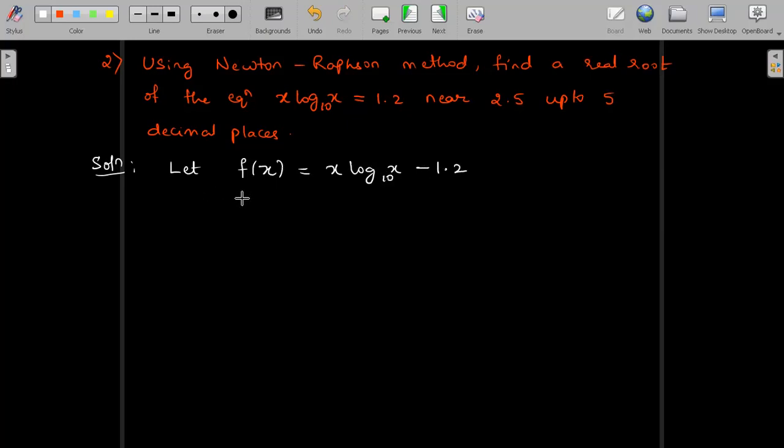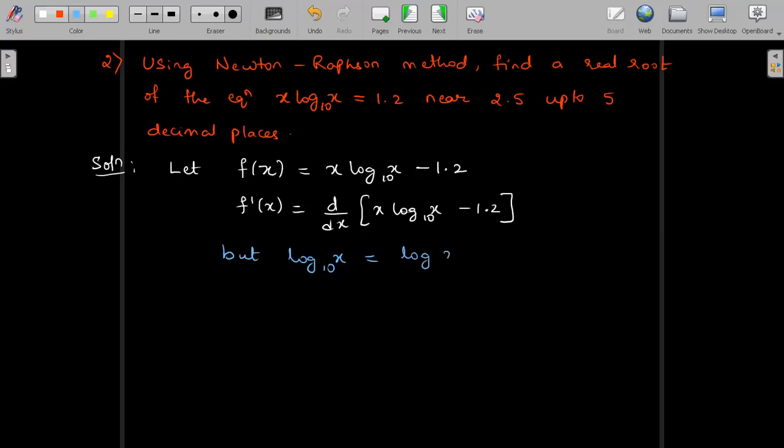So f dash of x will be nothing but the derivative d by dx of x log x to the base 10 minus 1.2. But we cannot find the derivative directly. We have to convert log x to the base 10 to log x to the base e, and then only we can differentiate. So log x to the base 10 can be written as log x to the base e divided by log 10 to the base e.